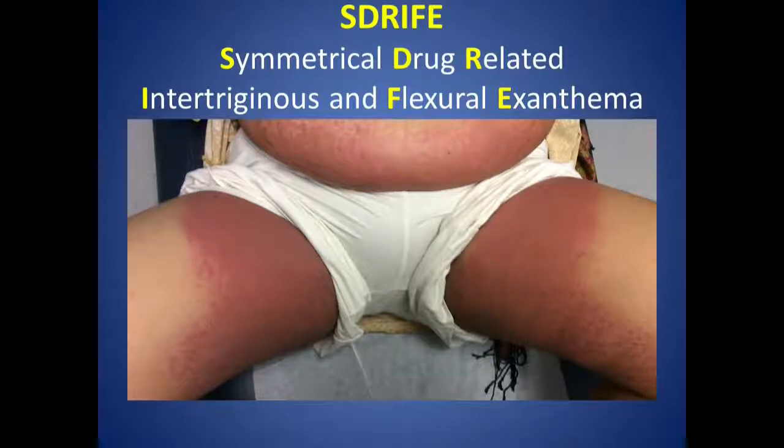This is a woman who came in with what we call SDRIFE, symmetrical drug-related intertriginous and flexural exanthem. It's the old baboon syndrome, where you have predominance of the rash in the inguinal, axillary, buttock area. And so the question is, what was causing it?